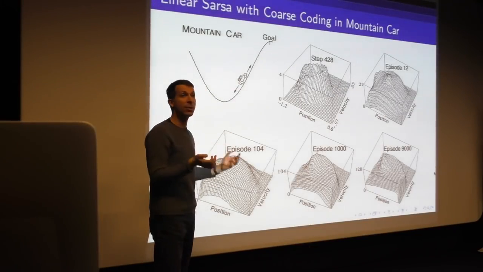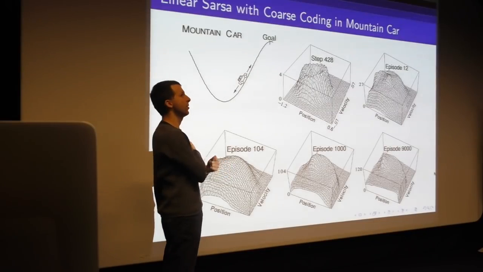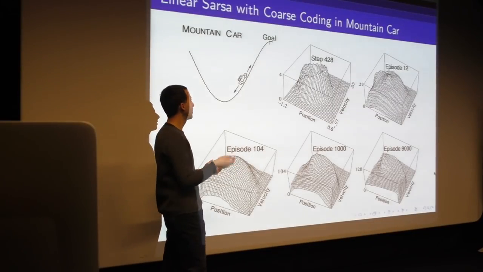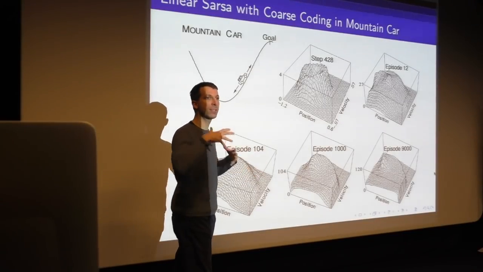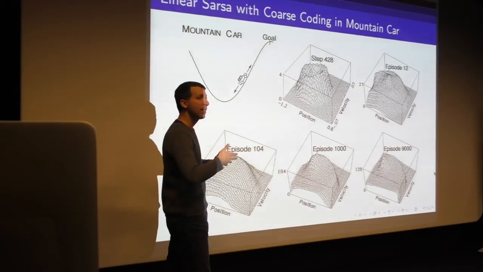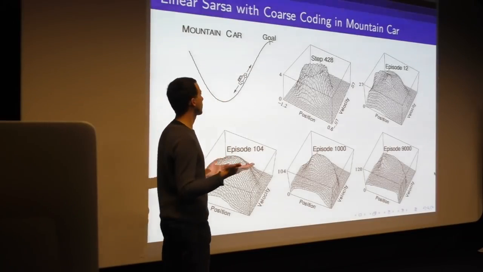And then the question is, how do you figure out that control strategy? How do you do this, not saying anything about the MDP, about the dynamics, all model free? We want to solve this, and now we want to do this using function approximation.